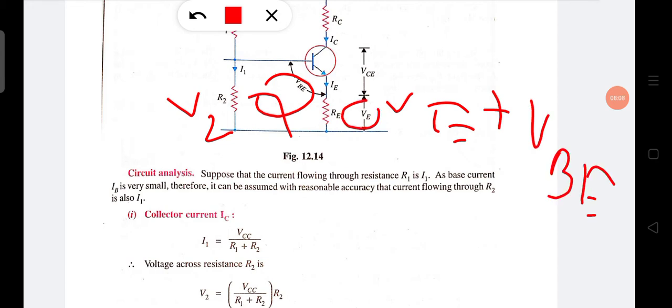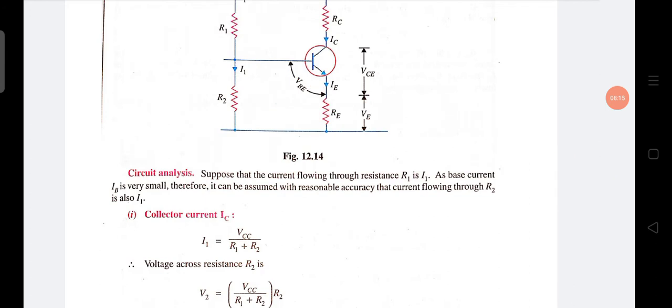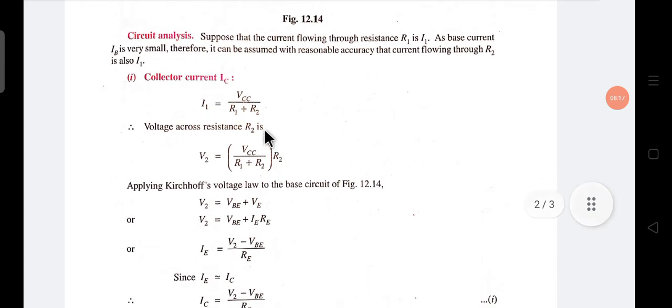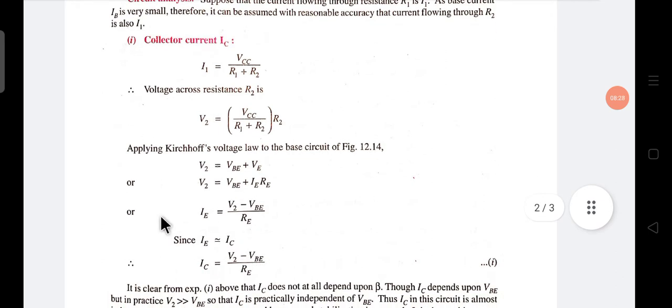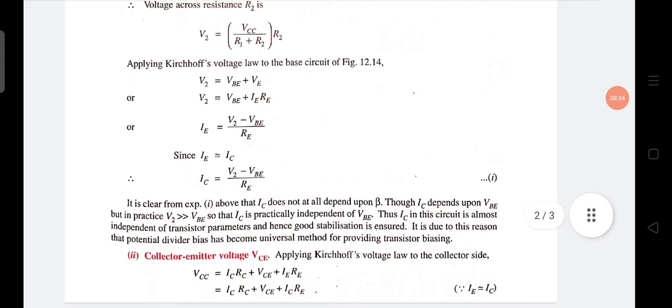That means VE across the emitter resistance, and VBE. Now VE equals IE times RE. From that we can calculate IE. Since IE is nearly equal to IC, we can calculate IC from this.